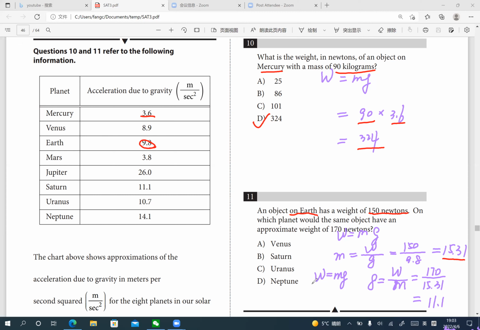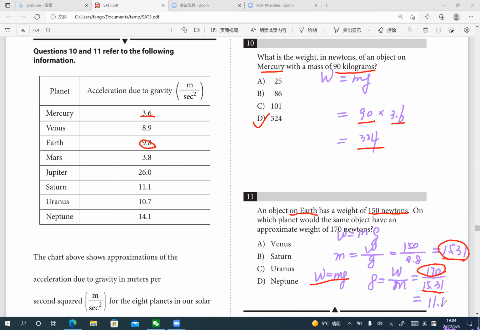Continue. On which planet would the same object have an approximate weight of 170 newtons? We need to use the formula again. And rearrange the formula, we have g equals W divided by m. So the weight is 170 newtons. And the mass we already know, which is 15.31.